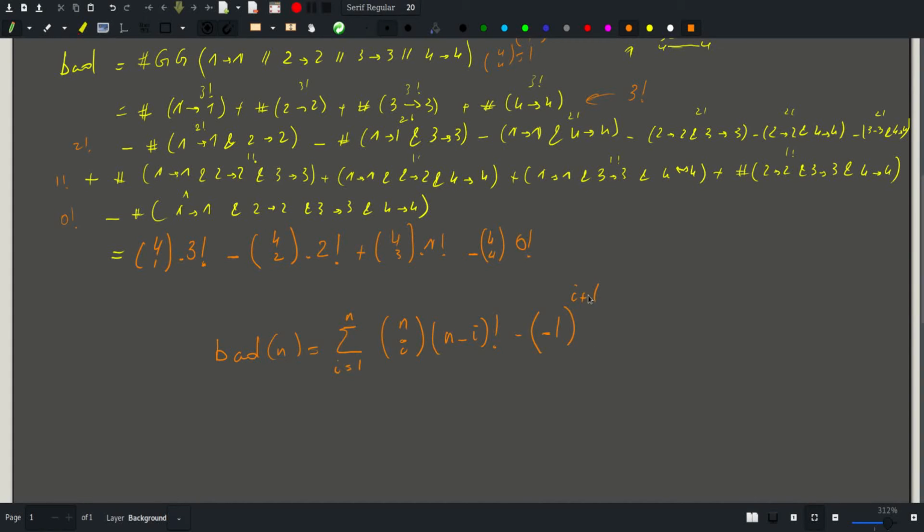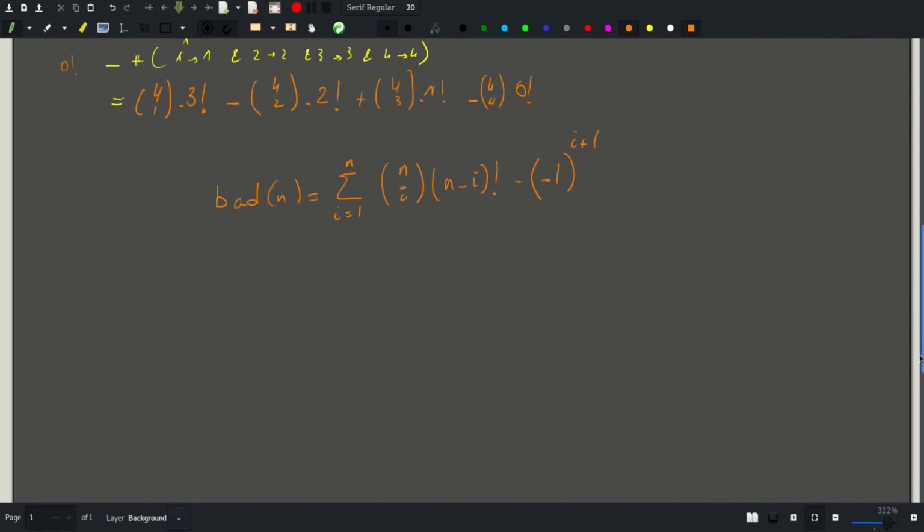And this negative 1 raised to the i plus 1 is just to adjust for the sign. So if i is odd, i plus 1 will be even, and negative 1 to some even power is 1, so it will be positive, like for 1 and 3. And if i is even, then i plus 1 will be odd, and this will contribute a negative 1.